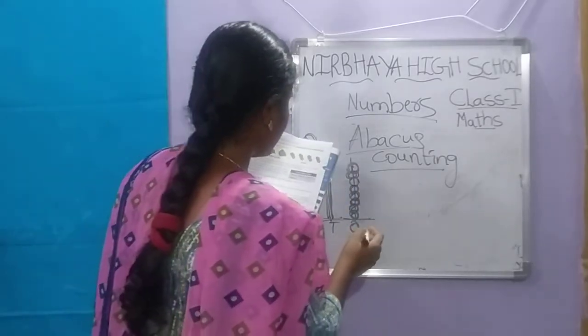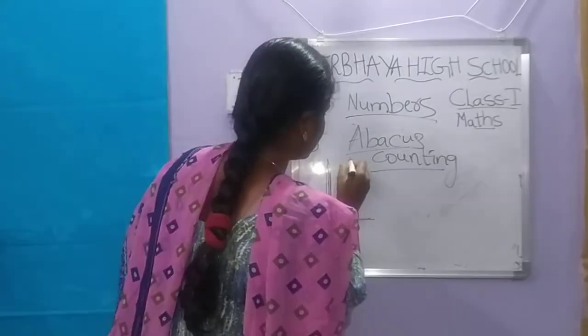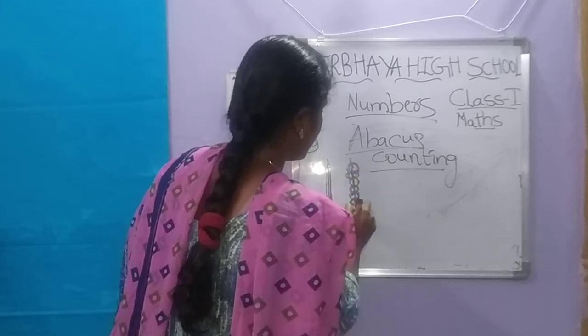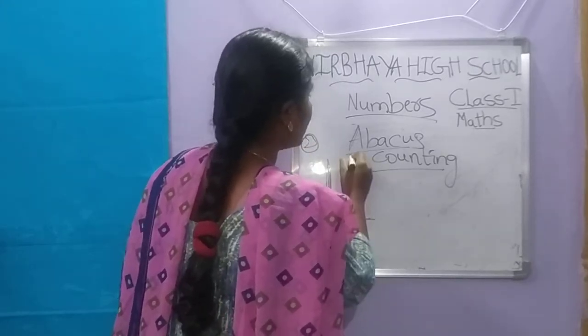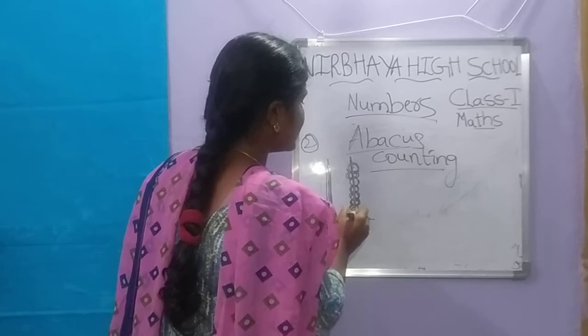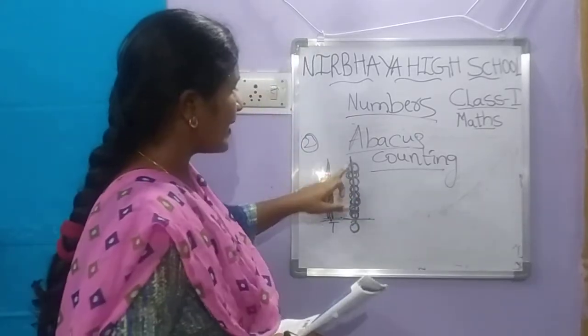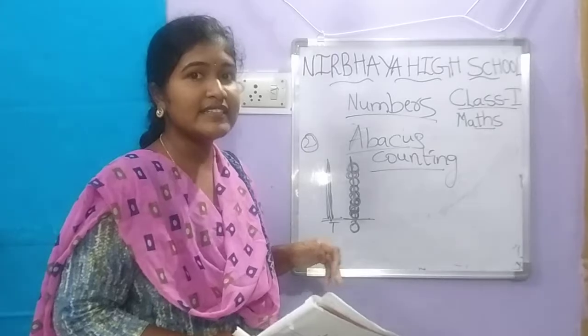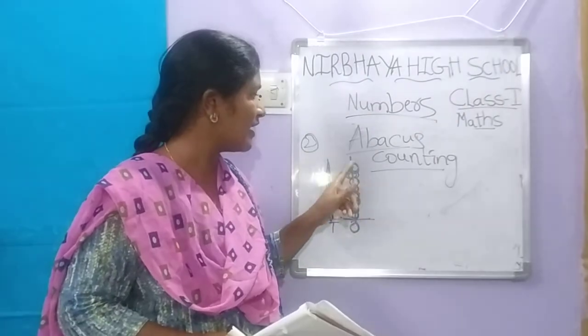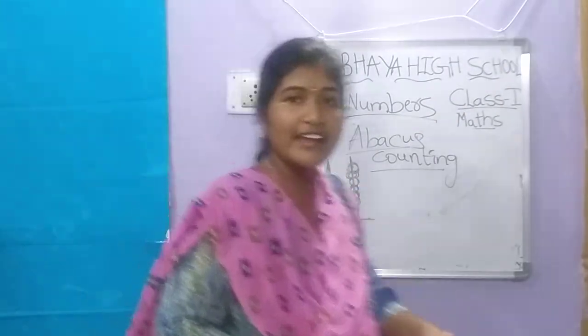Each spike has 9 beads. In this abacus, each spike has 9 beads. How many beads are there in the abacus?